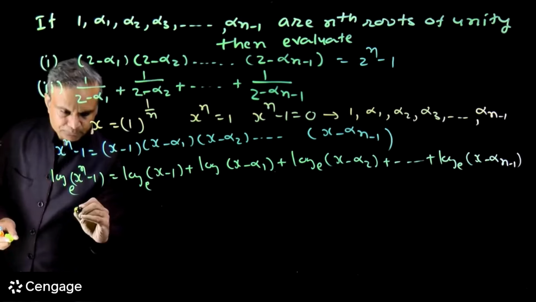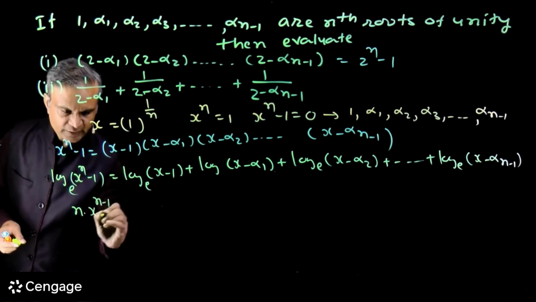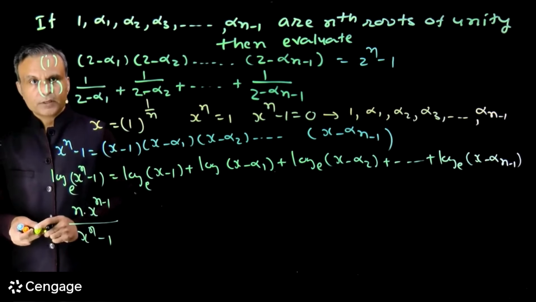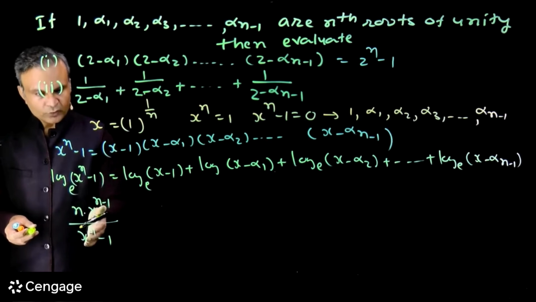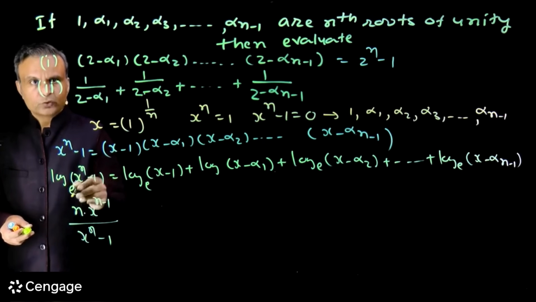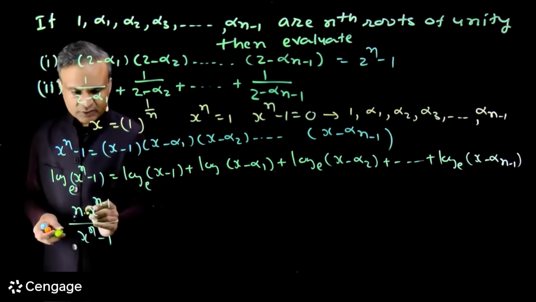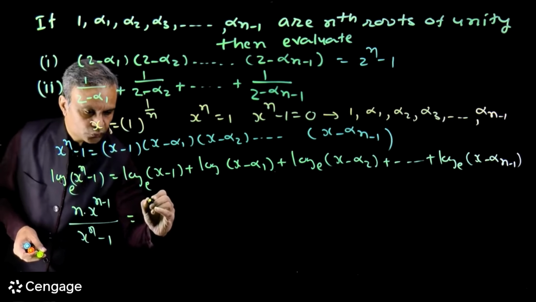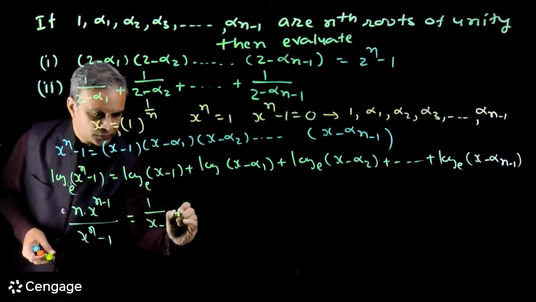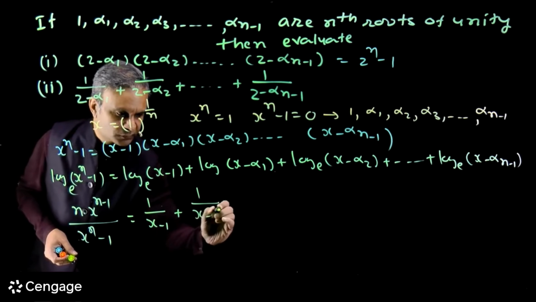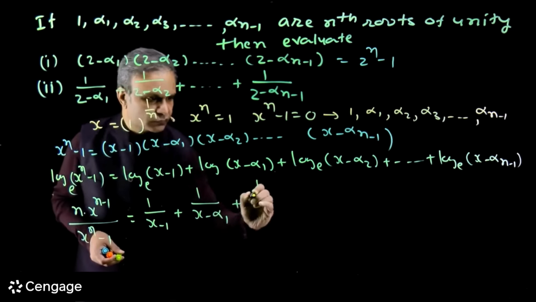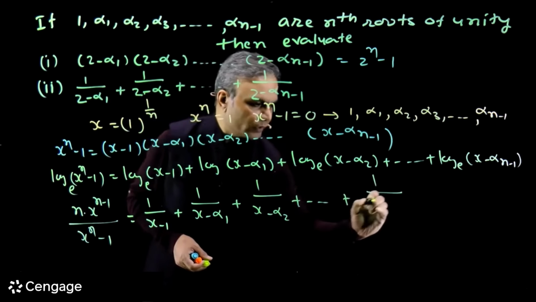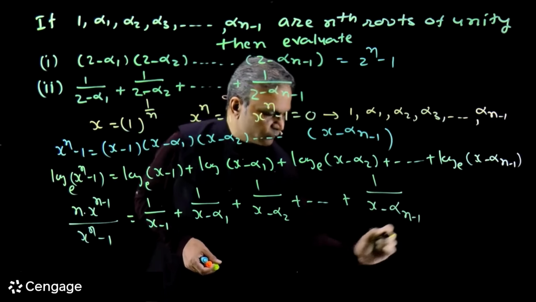We get n into x power n minus 1 over x power n minus 1. इसका डेरिवेटिव क्या होगा? Derivative will be 1 over (x power n minus 1) into derivative of (x power n minus 1), which is n into x power n minus 1. Okay, this is equal to 1 over (x minus 1) plus 1 over (x minus alpha 1) plus 1 over (x minus alpha 2) up to 1 over (x minus alpha n minus 1).